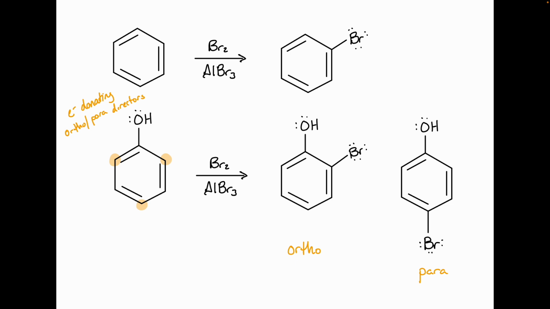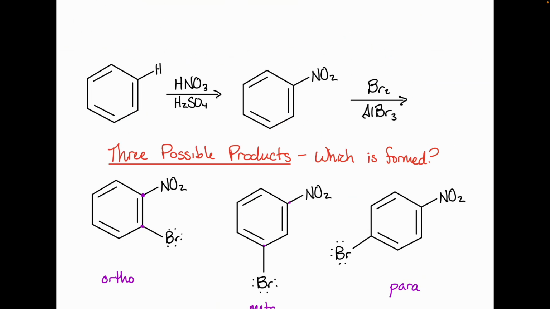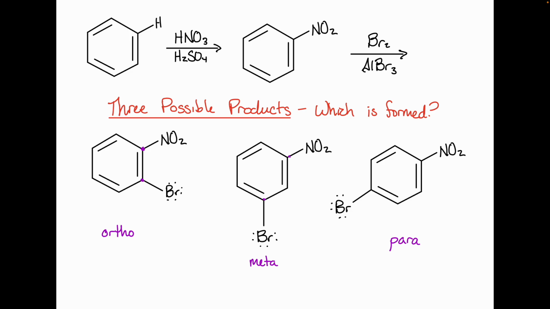So if we have an electron donating group on this ring, we don't get all three of our possible products. We get only the ortho and the para product.